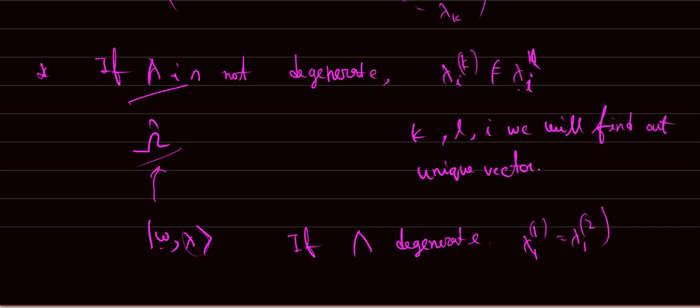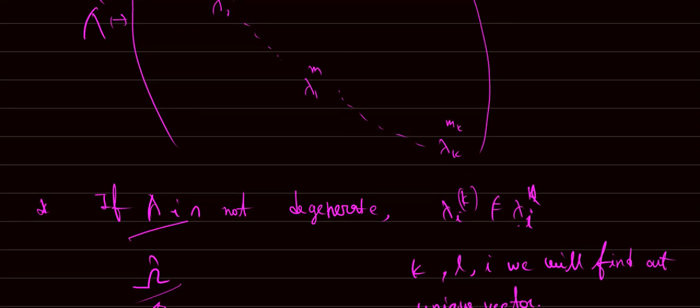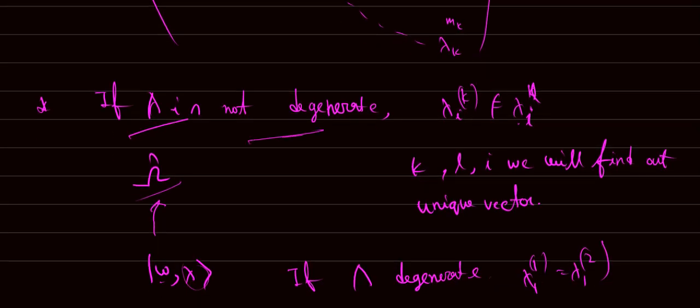If we want a unique basis, we need a third operator that commutes with both our omega and lambda operators and is non-degenerate in the subspace. So in this case, to have a unique basis, we need another Hermitian operator that commutes with both omega and lambda and is not degenerate, so that we can figure out a unique basis.